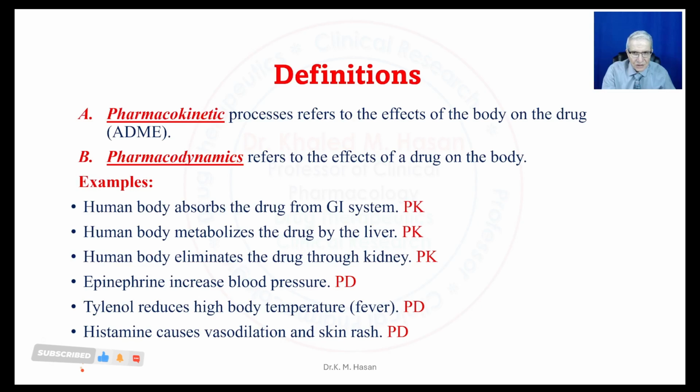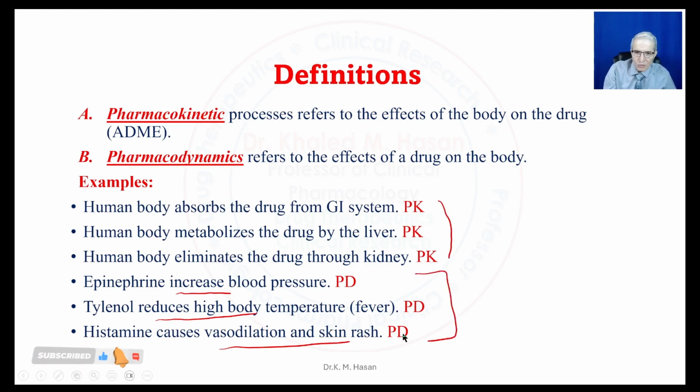Okay, the slide here gives you the correct answer. As you can see, the first three: absorbs, metabolizes, and eliminates. So we talk about pharmacokinetic, as we discussed. And the drug increases blood pressure, the drug lowers temperature, and the drug causes vasodilation and skin rash. We talk about pharmacodynamic here.